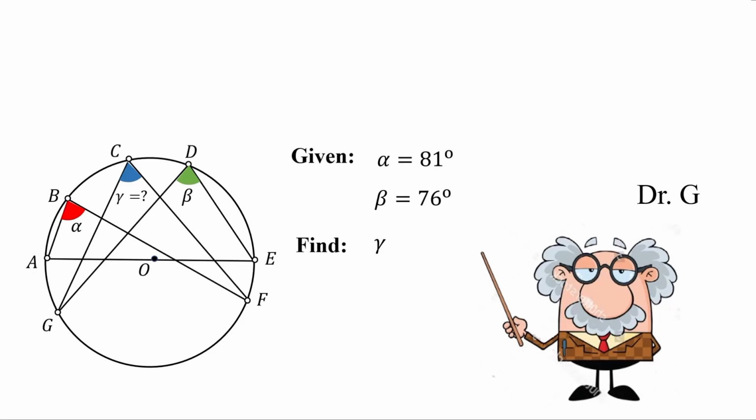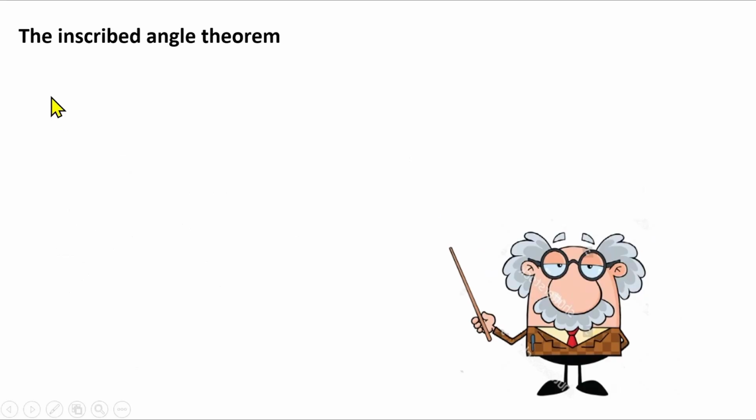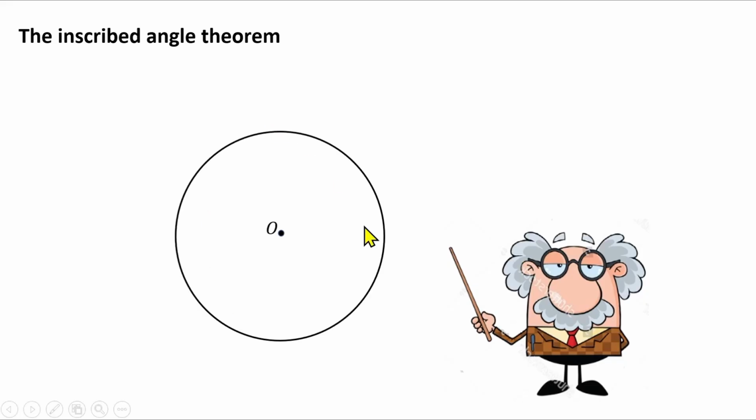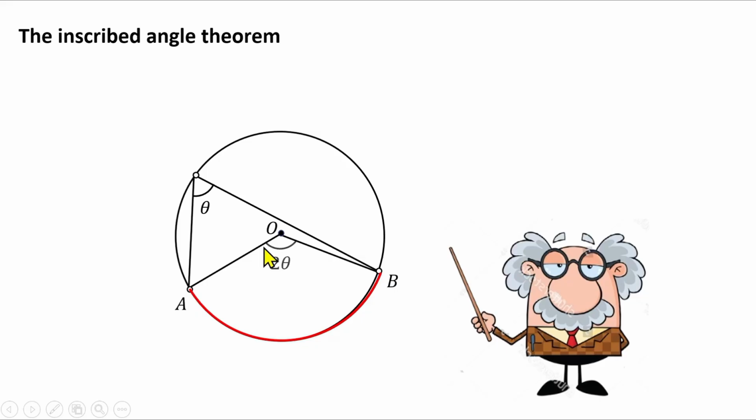To solve the problem, we will use the so-called inscribed angle theorem. This theorem tells us that if we have a circle and an arc AB of this circle, then considering the inscribed angle which intercepts this arc, we denote this angle as theta, we can compare it with the central angle which intercepts the same arc, and this central angle will be equal to 2 theta.